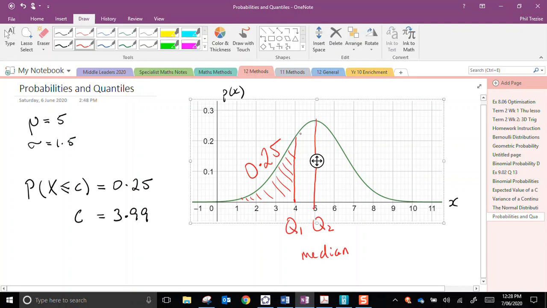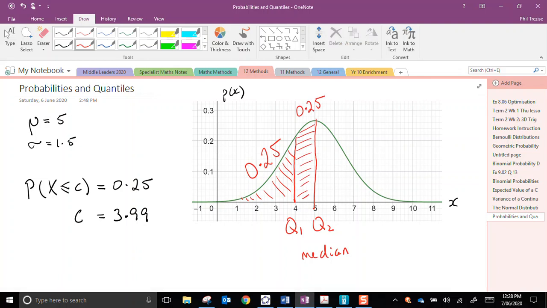And that would tell me that the area that I'm shading now is also 0.25. A total of 50% of the distribution is below Q2, or the median. It just happens to be also equal to the mean in this case.